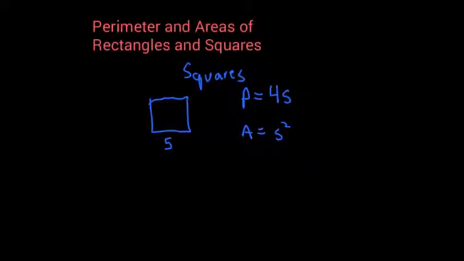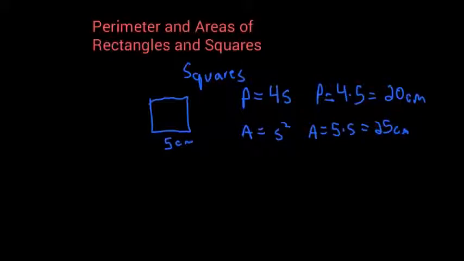So if our side is 5, our perimeter would equal 4 times 5, which equals 20, and we'll call these centimeters, so it would be 20 centimeters. And then our area would equal side squared, which is 5 times 5. So our area would equal 25 centimeters squared.